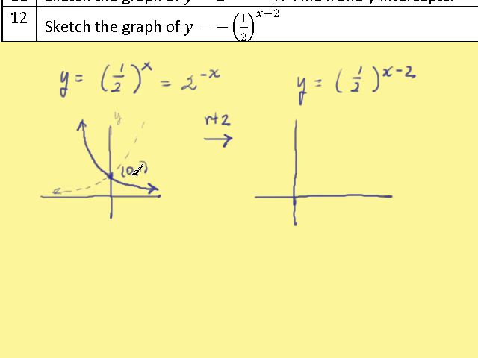All right, let's add 2 to the x-coordinate. So this point moves to 2, 1. All right, so the graph is going to go down on the right and up on the left like this one does.